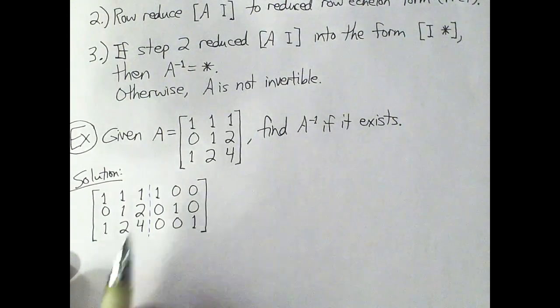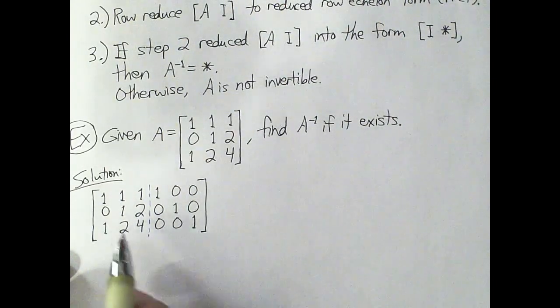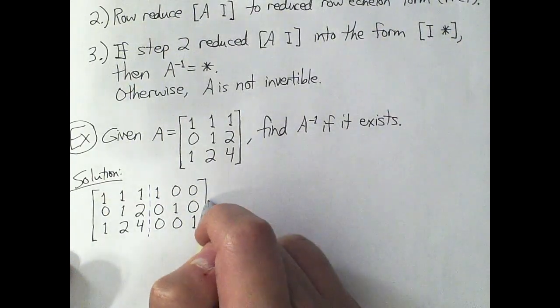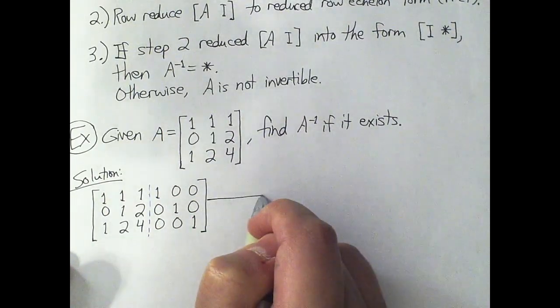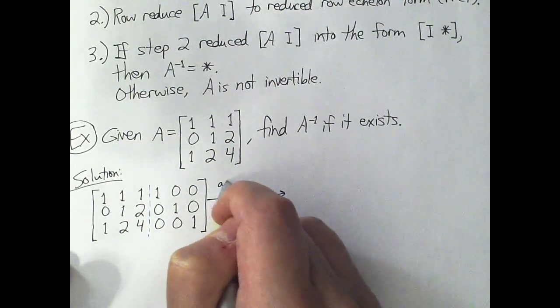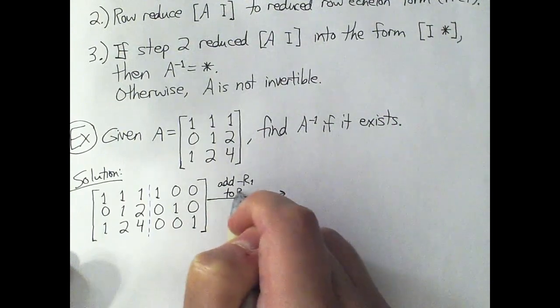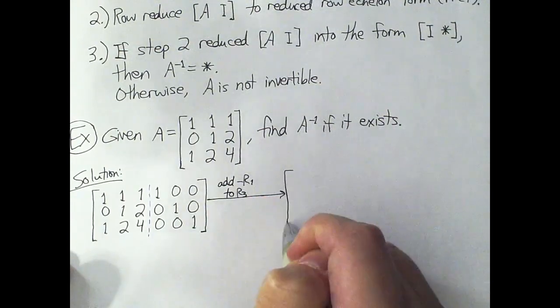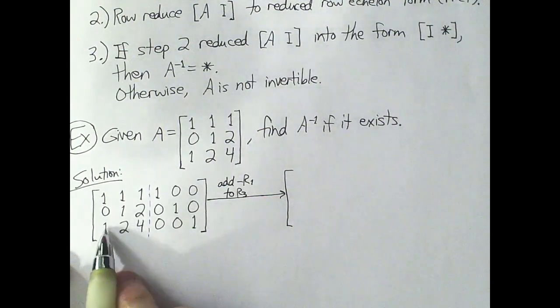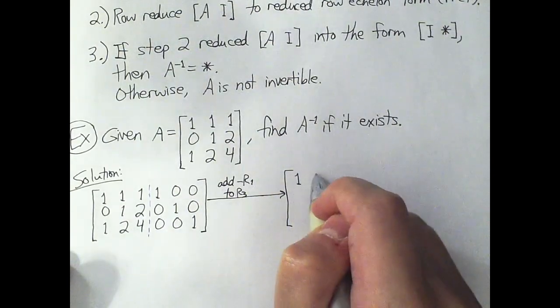I'm looking at this 1 and this 2, and we want to kind of get rid of some stuff down here. So I think a good first step would be to add negative R1 to R3. See why I'm doing that? It's going to knock out this 1 in the lower left. So let's just first copy row 1.